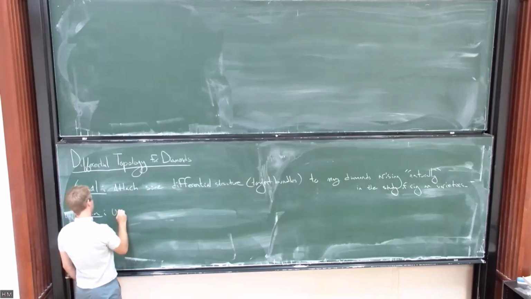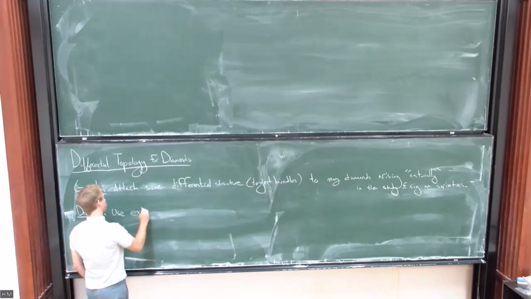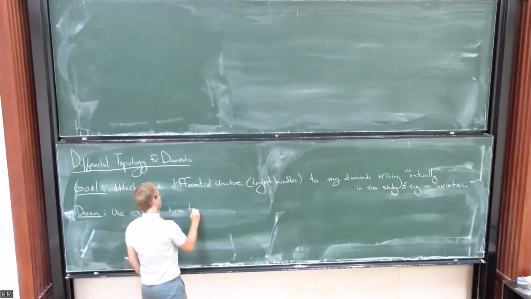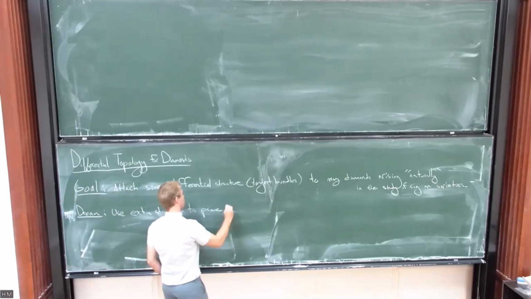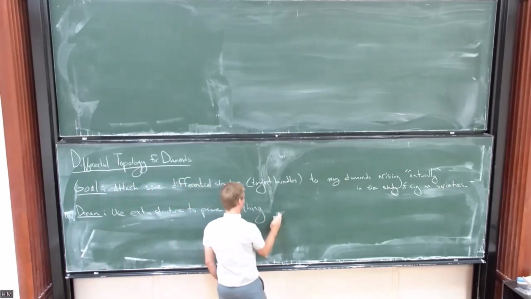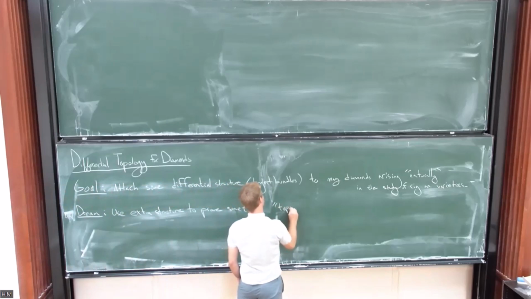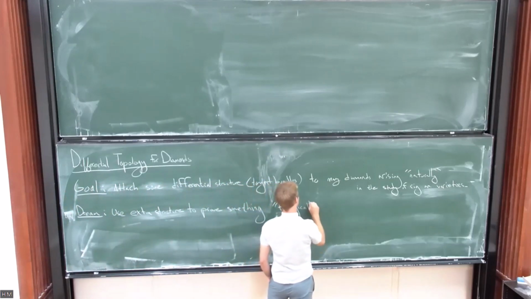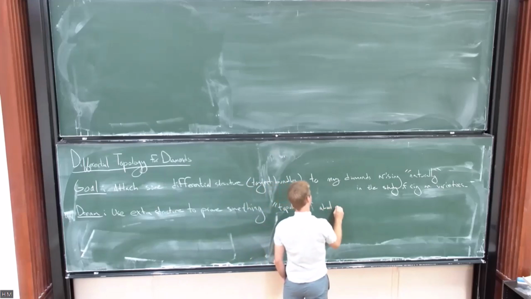So some components of extra structure are differential, whatever we're proving is topological, underlying that.